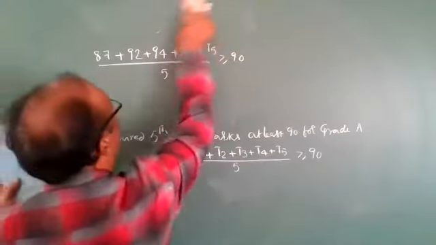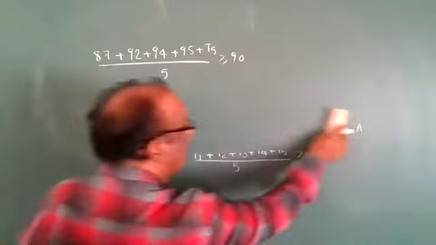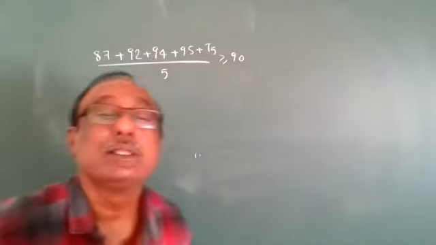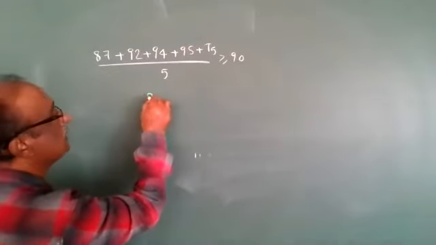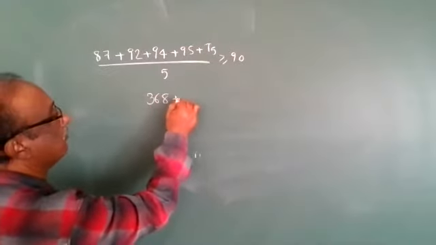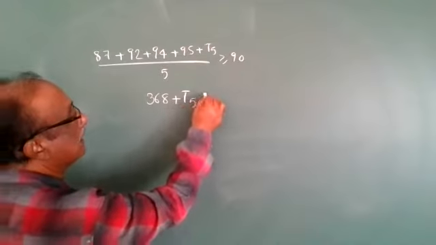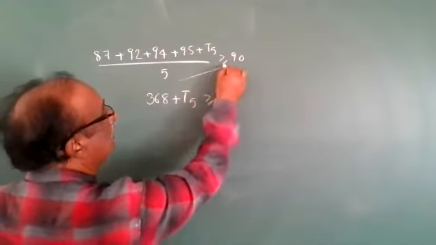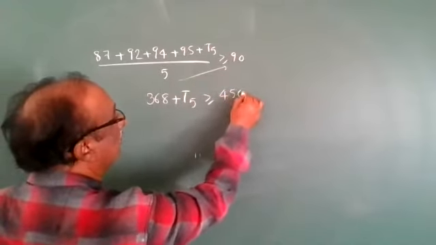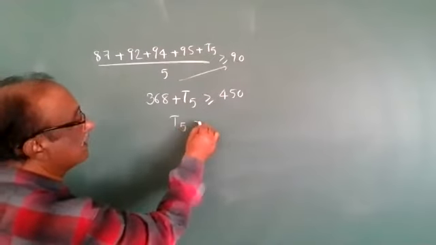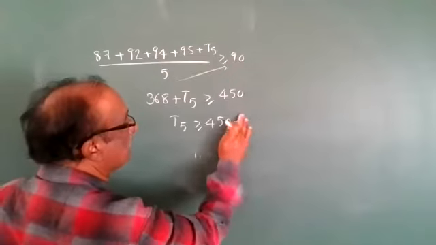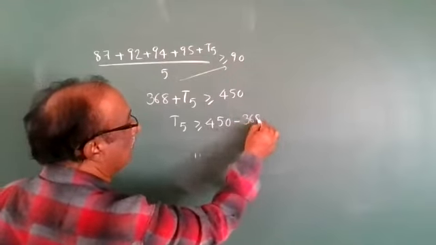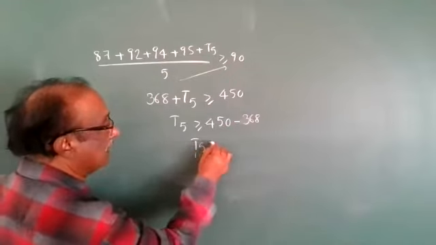Everyone add and tell me the marks by adding: 368. So 368 plus T5 is greater than or equal to, by cross multiplication, 450. Now T5 is greater than or equal to 450 minus 368. 450 minus 368 is 82.